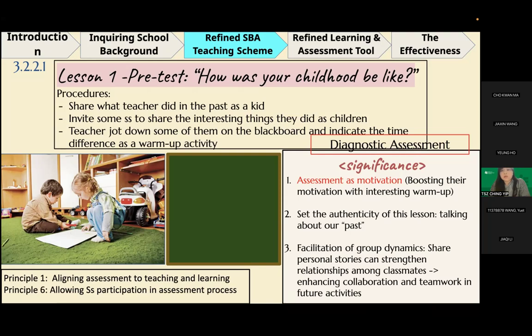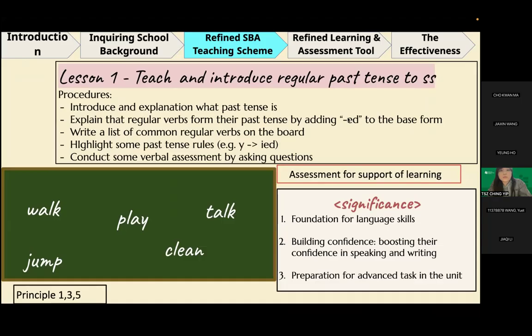It is a diagnostic assessment, and its significance is that it is assessment as motivation, which can boost their motivation with an interesting warm-up, and set the authenticity of this lesson, which is talking about our past, and facilitate group dynamics to share personal stories among classmates and enhance their collaboration and teamwork in future activities.